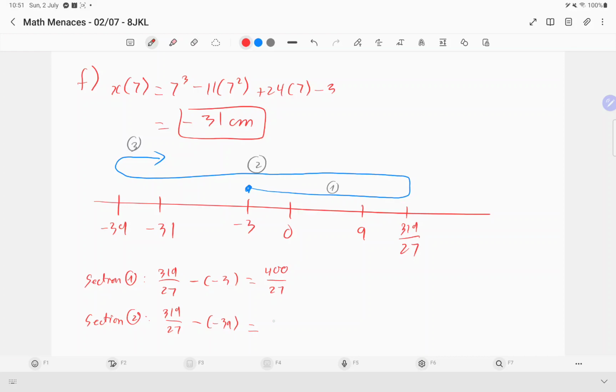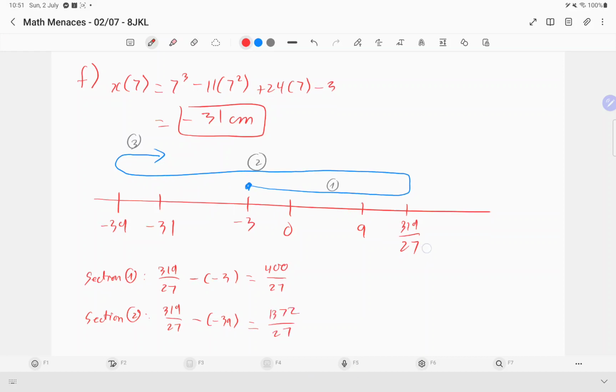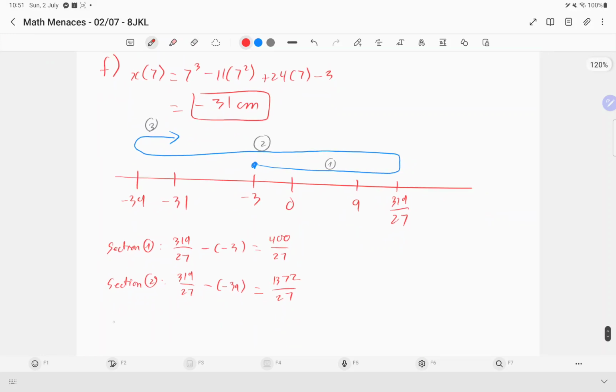So we start at -3 on the line. Should we go?